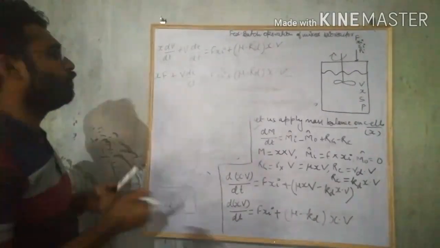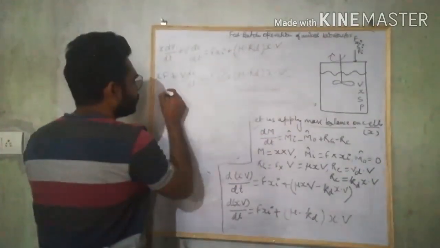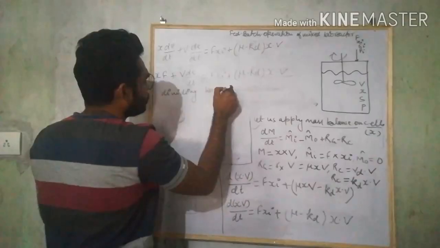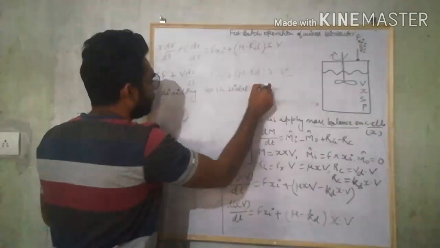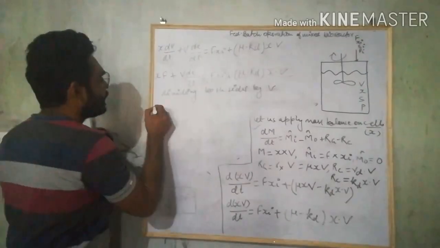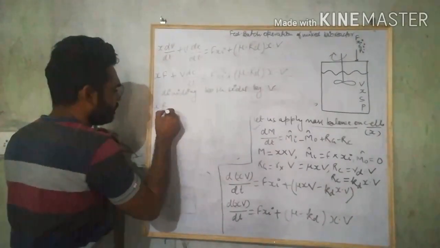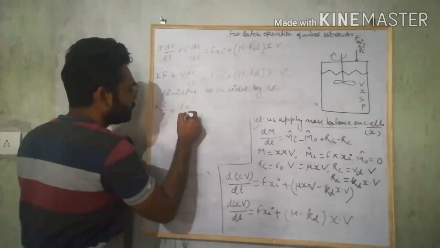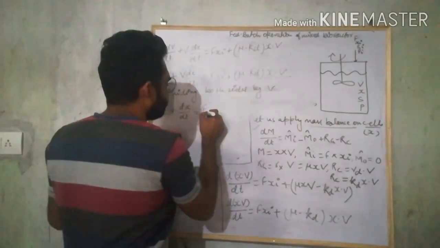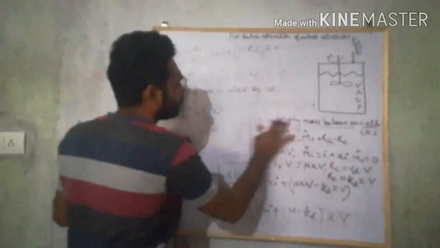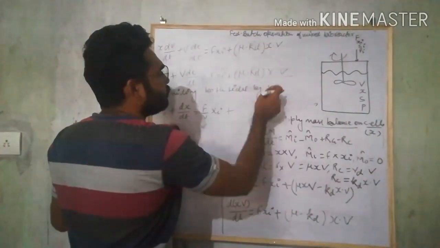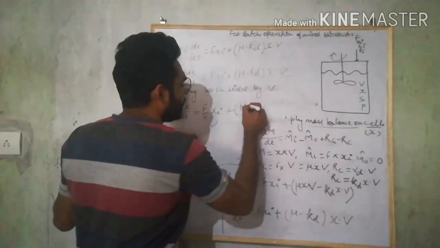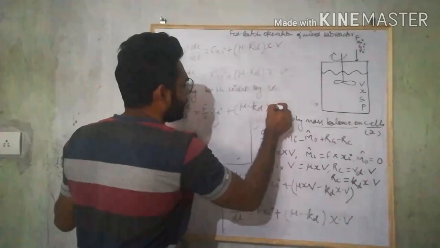So let us now divide both sides of the whole equation by V. So what will happen? xF by V, plus this V and V will get cancelled out. So we have dx by dt equals F by V Xi plus, when you divide by V it will get cancelled out, so you have mu minus kd out of the bracket, x.